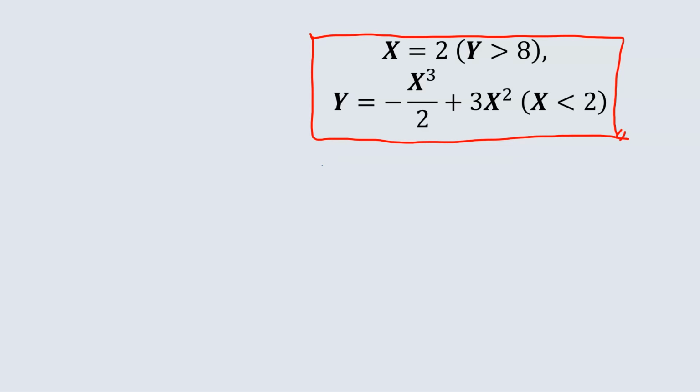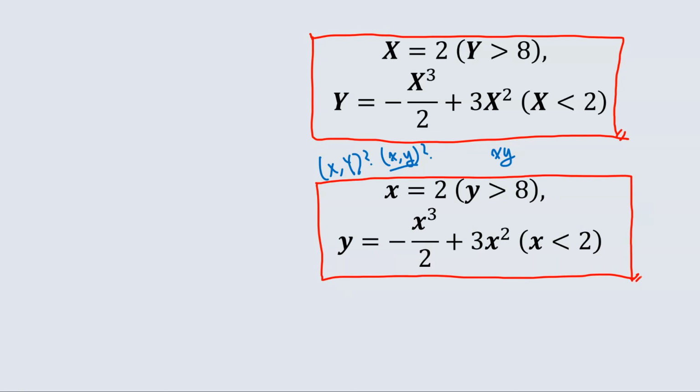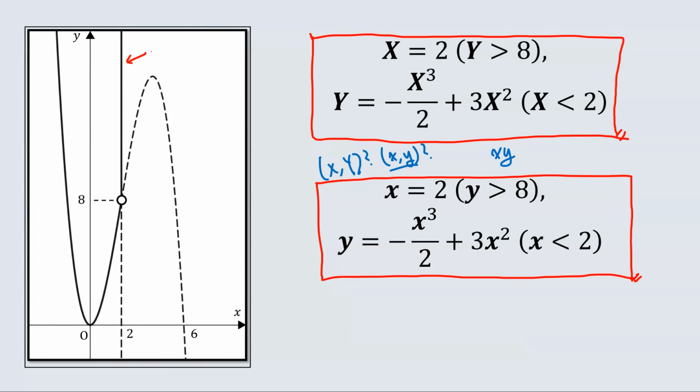And I have already said that the notation does not matter. If we want to draw this on the small x, small y plane, we can simply change the variables into small x and small y. So we can say that the equation of the locus is this. If we draw this, we obtain this graph. This part, the vertical line, is for case 1, where the equation of the locus is simply x equals 2.